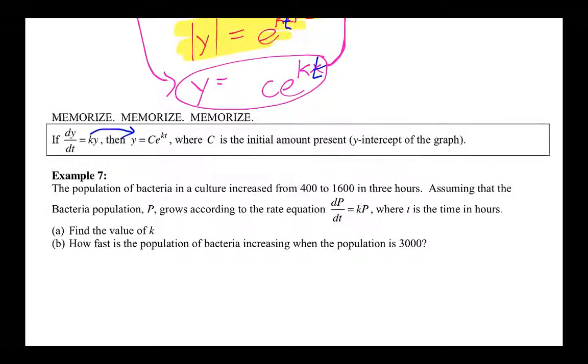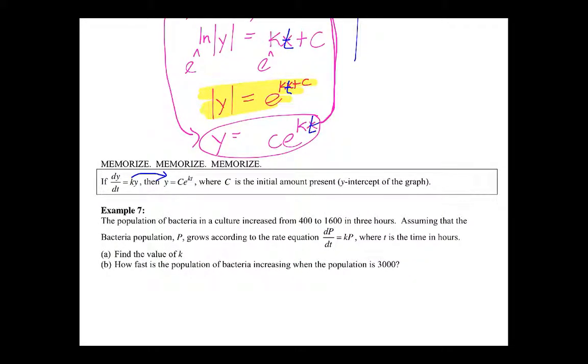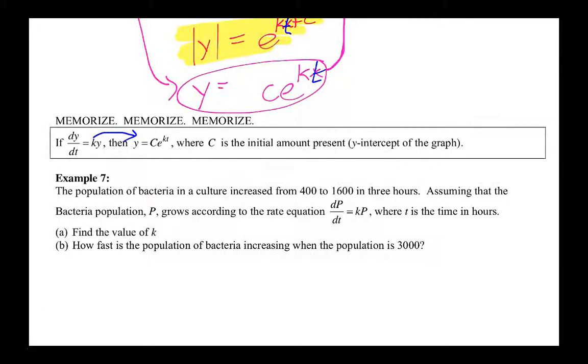I'm going to give you guys a challenge. It's a fun challenge. So this first population, example 7, I go from 400 to 1600 in 3 hours of bacteria, just a regular day with bacteria growth. Gotta love that stuff. Assuming that the population grows according to this rate kp, where t is in hours, find the value of k.